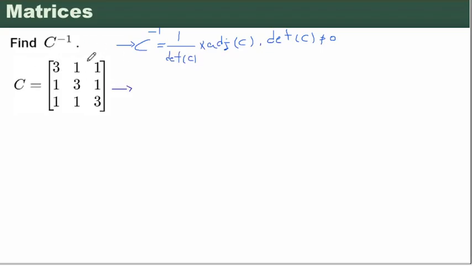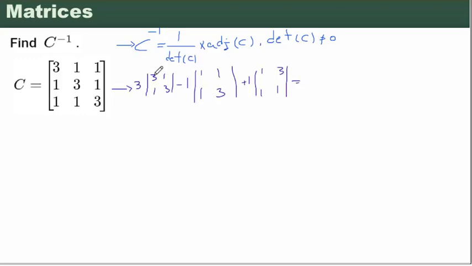Always I get the first row, so I say 3 times (3 times 3 minus 1 times 1), minus 1 times (1 times 3 minus 1 times 1), and then plus 1 times (1 times 1 minus 3 times 1).